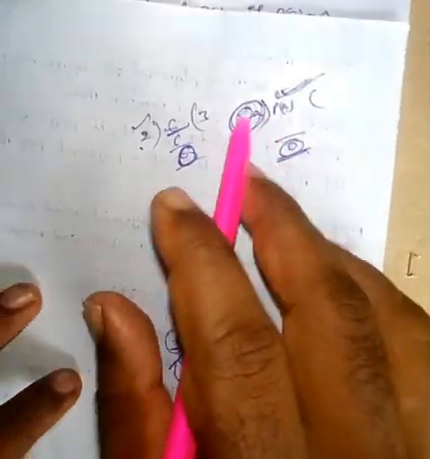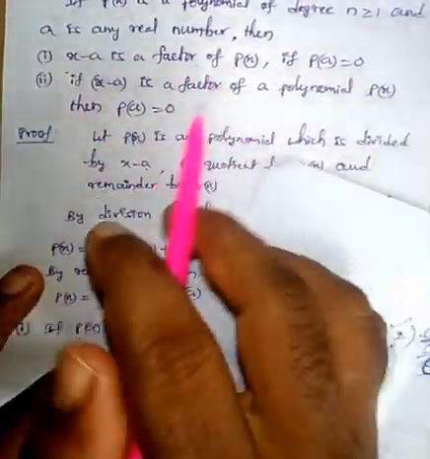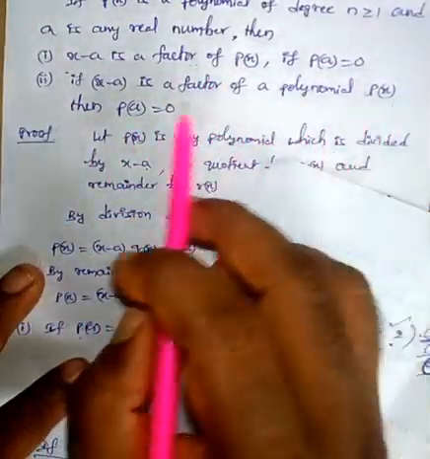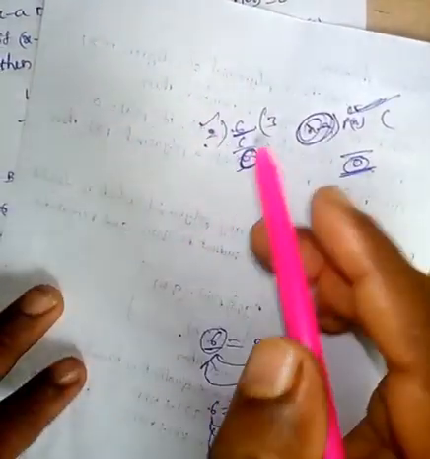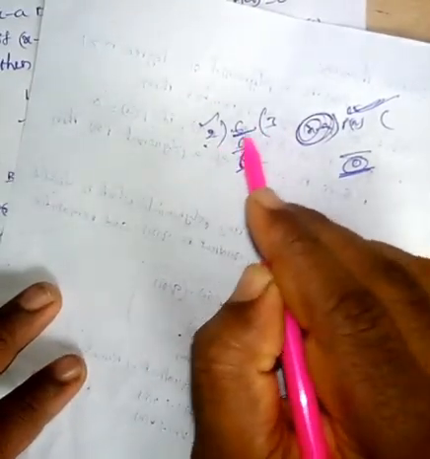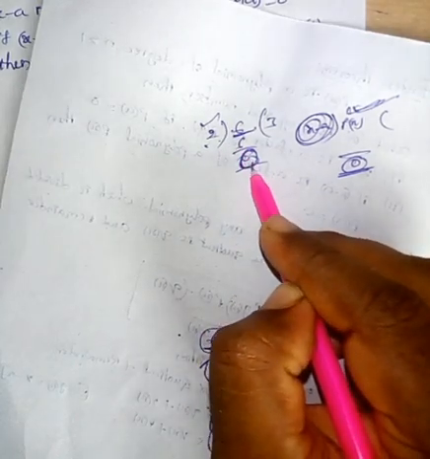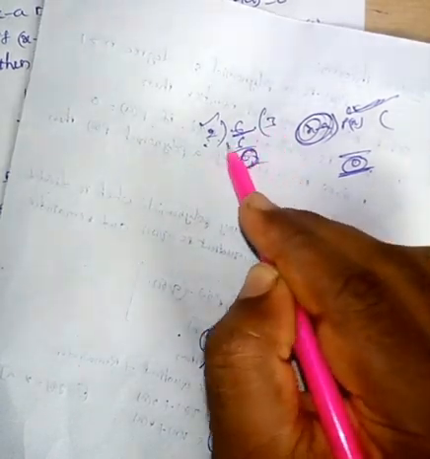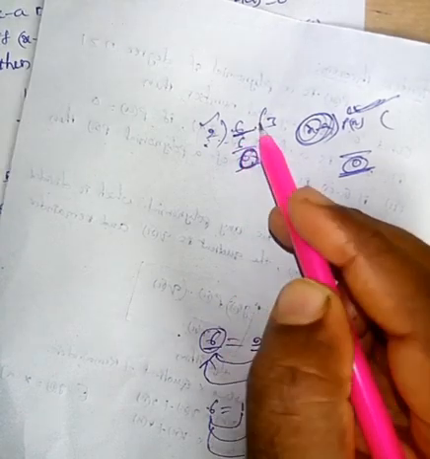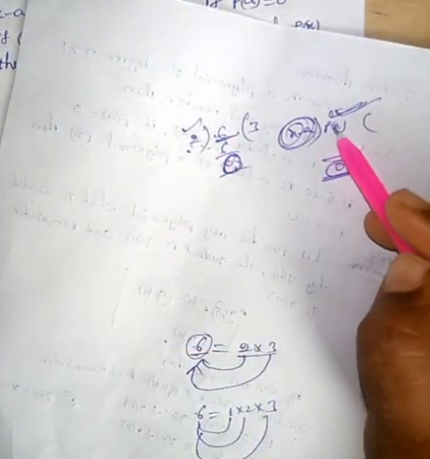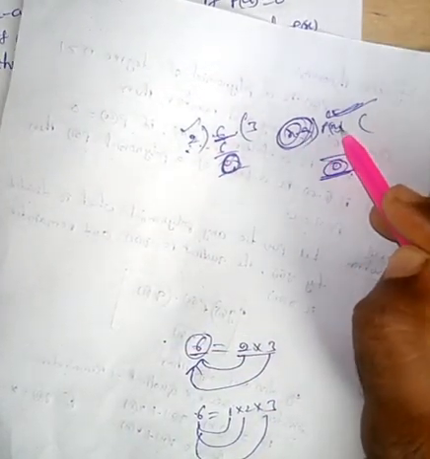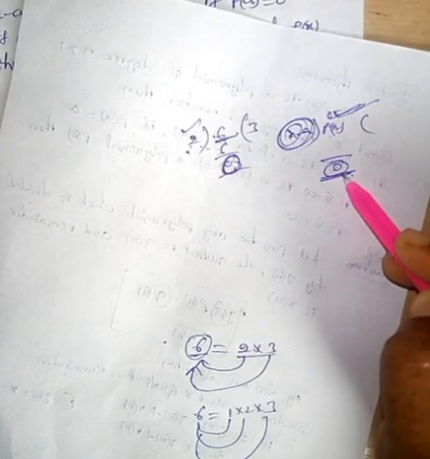And the converse of the second statement, x minus a is a factor of a polynomial p(x), then p(a) equal to 0. Here you can observe the converse of the statement also. Since here the remainder is 0, 2 and 3 are the factors of 6. In this way, if x minus a is a factor of p(x), then the remainder is 0.